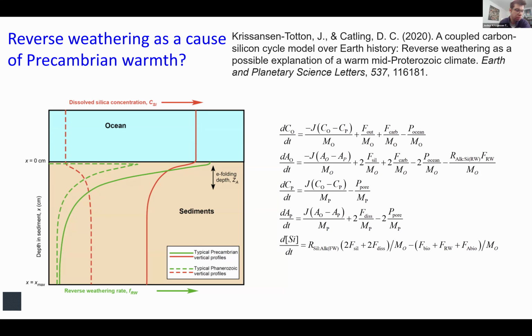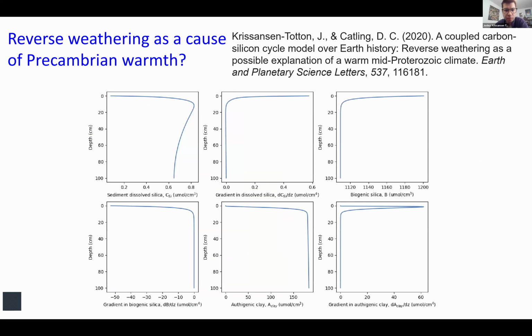So a lot of unknown parameters here, but we did our best to put together this model and then see how it plays out in deep oceans where there's low sedimentation versus coastal conditions, and then do a weighted average.